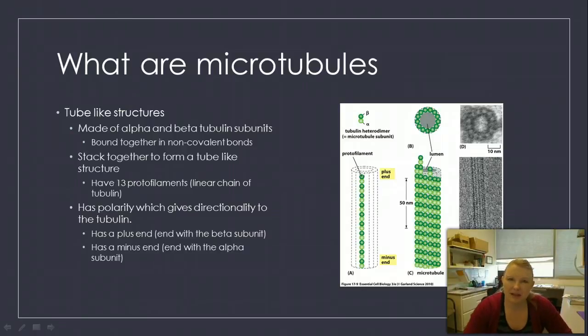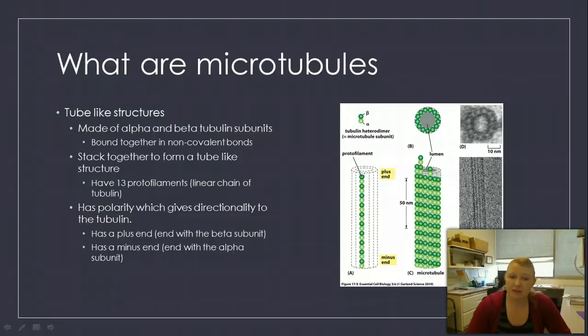Now, an important aspect of microtubules is that they have polarity, and you're going to see this again in actin, so it's really important you understand how this works. The subunit that's exposed on the end determines which side of that polarity is showing. When the alpha subunit is on the end, that's known as the minus end, and you can see that here on this picture.